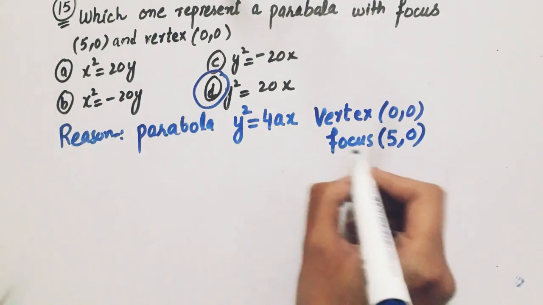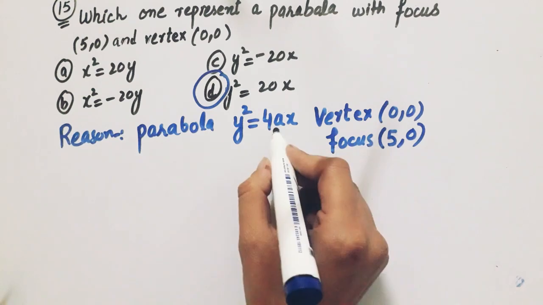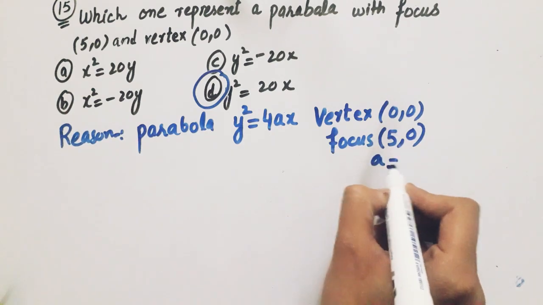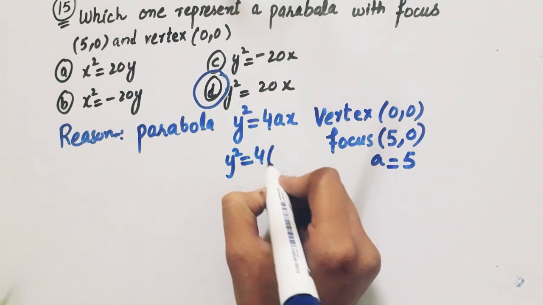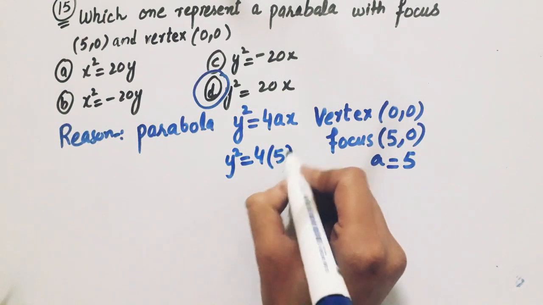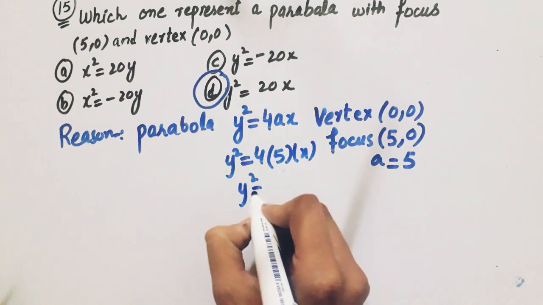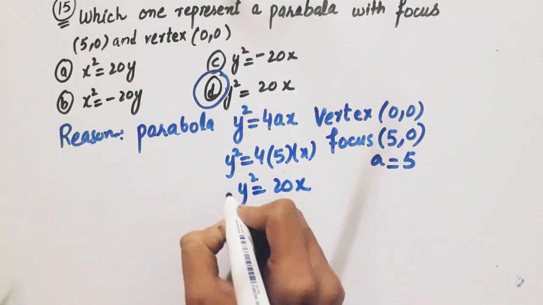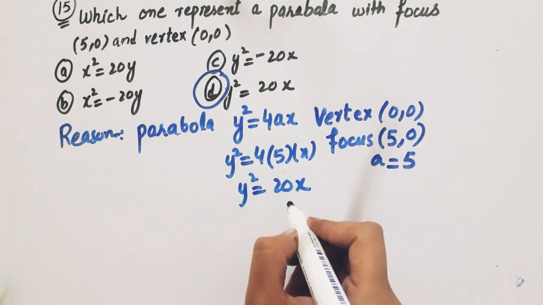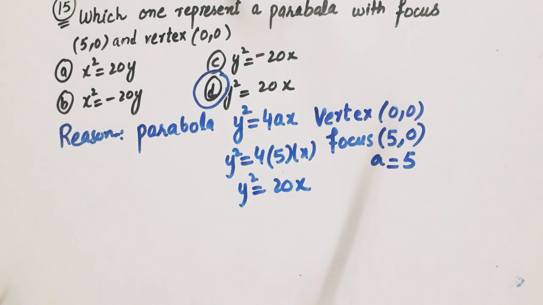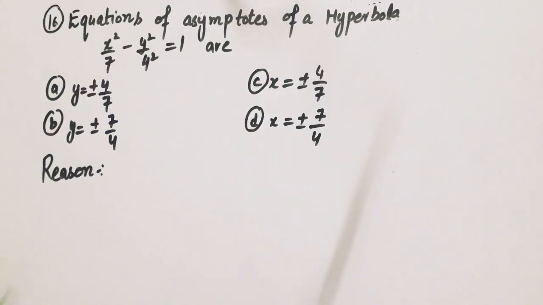So we will put the value of a is equal to 5 in this equation. So y square is equal to 4 into 5 into x, so y square is equal to 20x. So this is the right answer of this MCQ: y square is equal to 20x. Now we will solve the 16th MCQ.